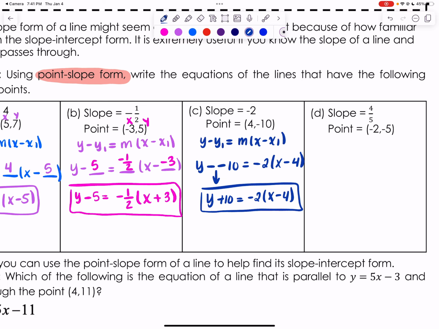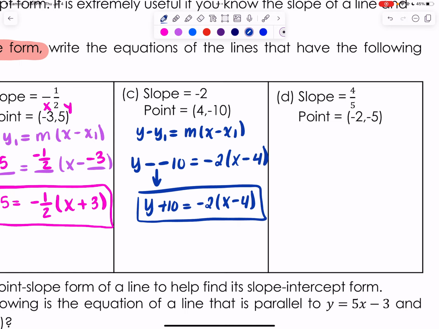Now, in our last example, we have 4/5 as our slope and our point is -2, -5. So I write y minus y1 equals m times x minus x1. If you want, we can do the blanks for this one. We know our slope is 4/5.